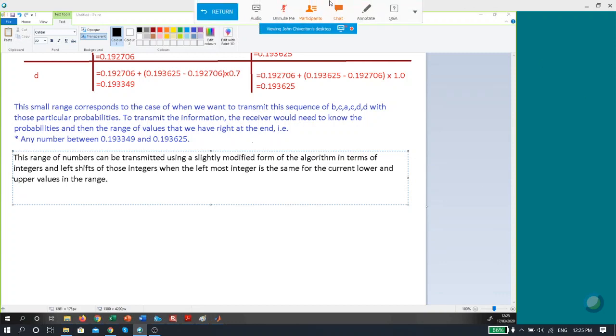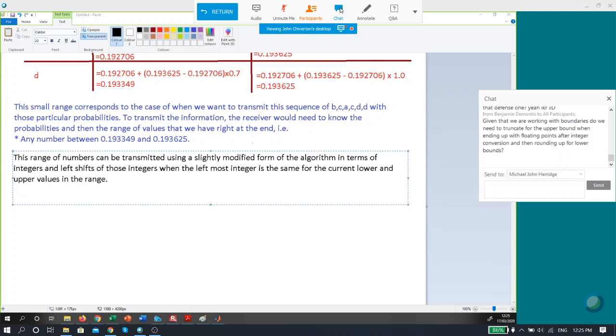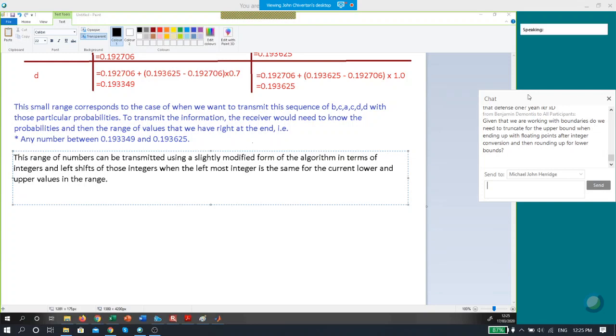Oh, we got a question. Let's have a look. Good question, Benjamin. Thank you. Given that we are working with boundaries, do we need to truncate for the upper bound when ending up with floating point after integer conversion, and then round up for lower bounds?